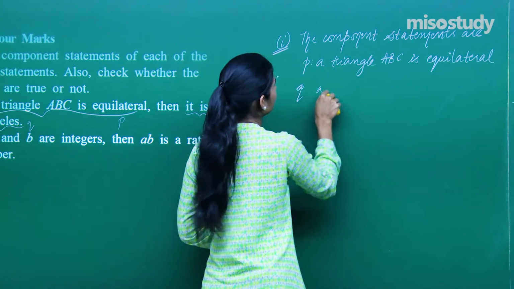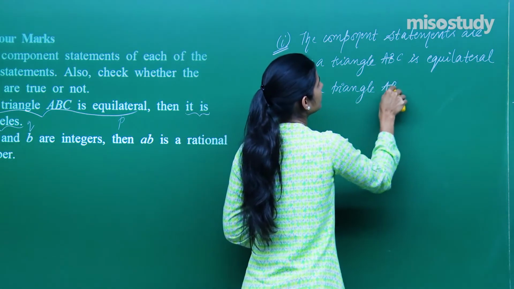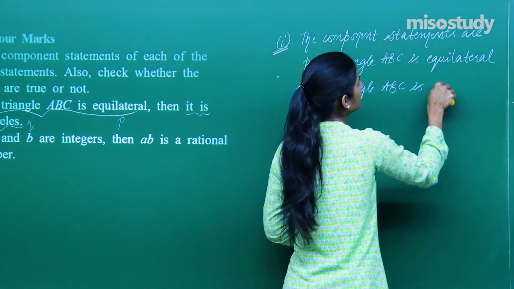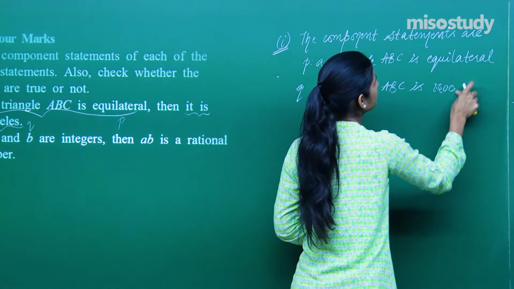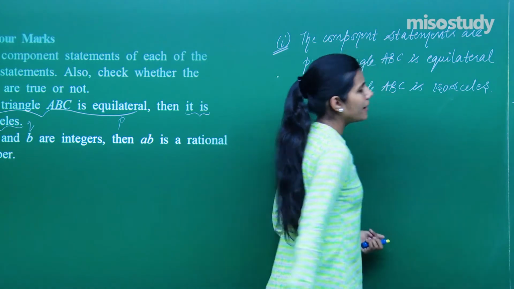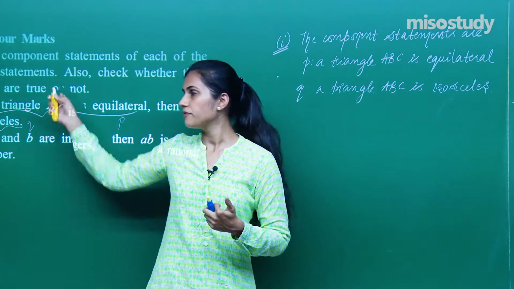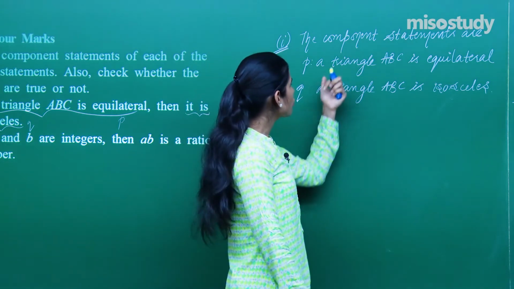Here I can say that a triangle ABC is isosceles. These are the two component statements which have been combined together by the if-then phrase to get this compound statement, which is if-then implication. So these are the two component statements.